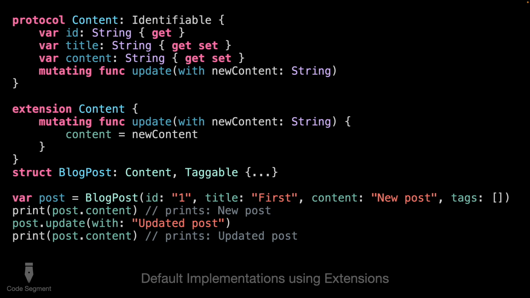The way you do that is by extending the protocol type. If you do an extension on a protocol type, you can provide a concrete default implementation for any functions that you have as requirements in your protocol.